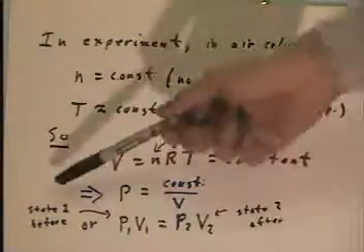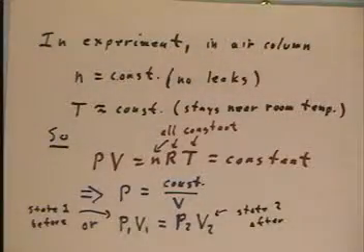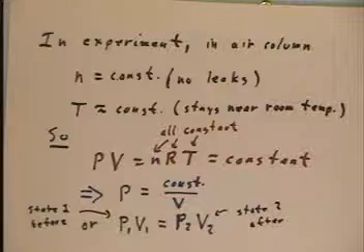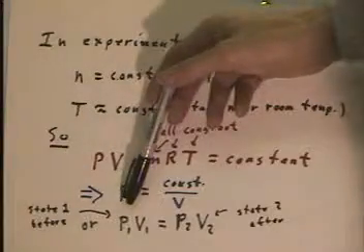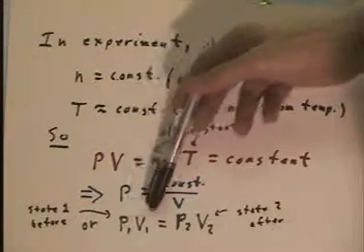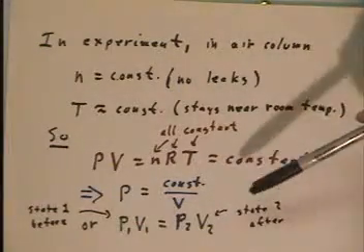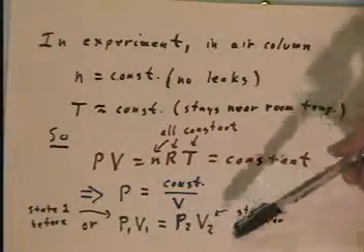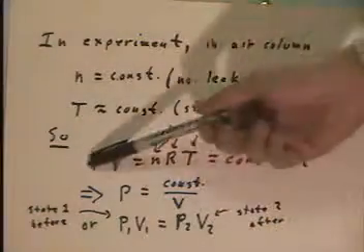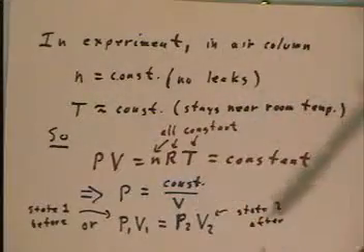Now, in state 1, and let's take state 1 as the state of the air in the column before we heated the water up, or before we heated the gas in the bottle up, the pressure was P1, let's say, and the volume was V1. Afterwards, after heating the air in the bottle up, the air in the column was at pressure P2 and volume V2. Since pressure times volume is constant, P1 V1 had to equal P2 V2.